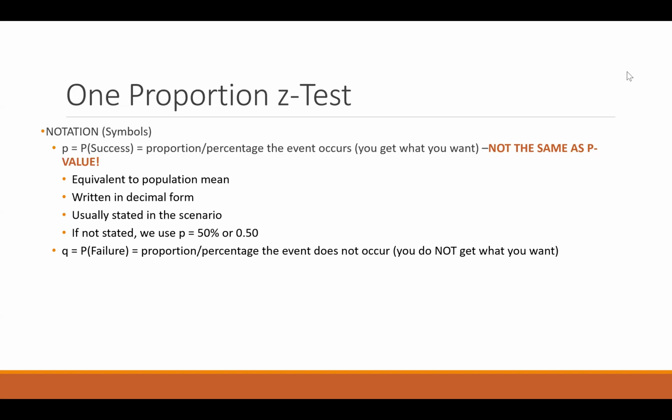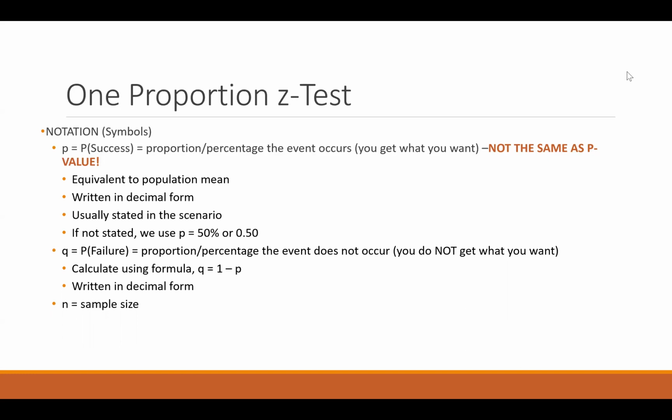And together, P and Q have to add to 1 or to 100%. The formula for calculating Q is 1 minus P. Again, it's typically written in decimal form. And it may not be stated in the problem, but I can calculate it.